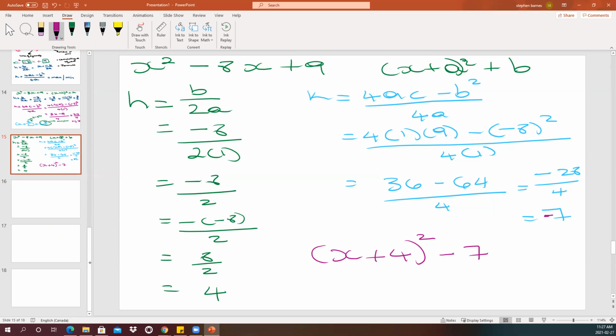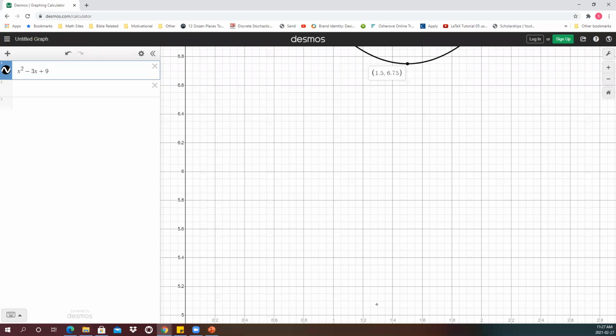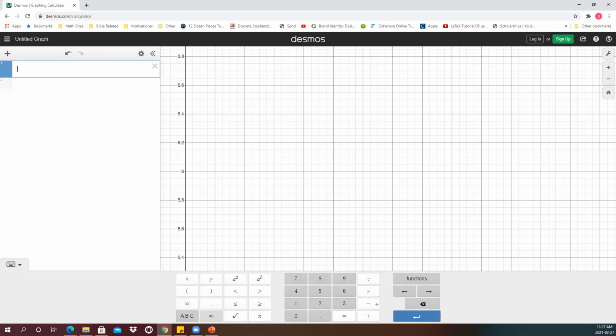So let's plot this graph and see if it comes out to be the same thing, yeah? Okay. So what it was, x squared minus 8x plus 9.